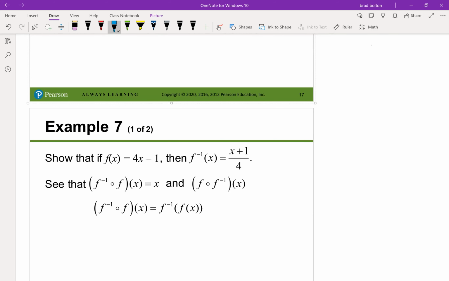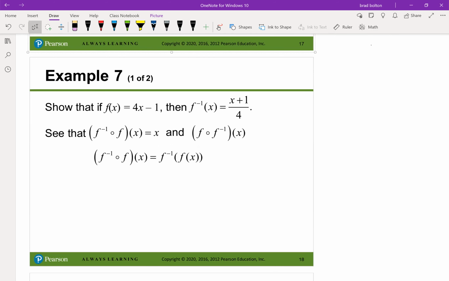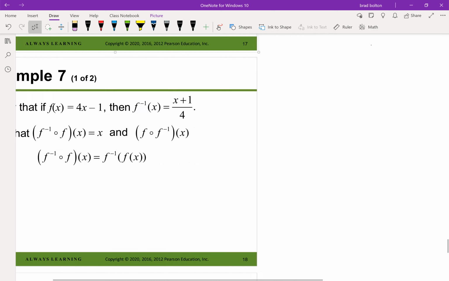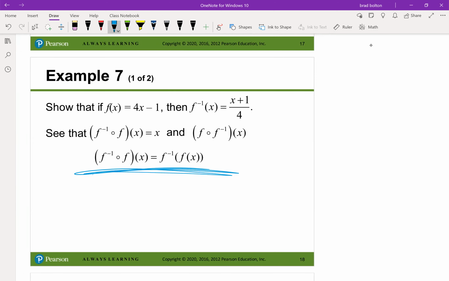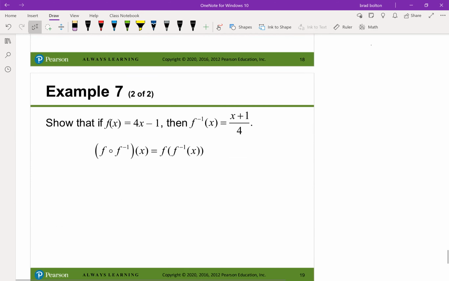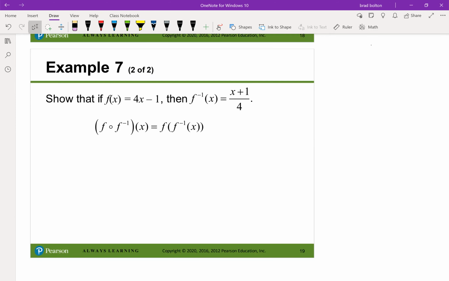So it says, show that if f of x equals 4x minus 1, that f inverse of x is equal to x plus 1 over 4. So we're going to do this composition of functions. Let's do f of f inverse of x. I'm going to take f inverse, which is x plus 1 over 4, and put it in for x.